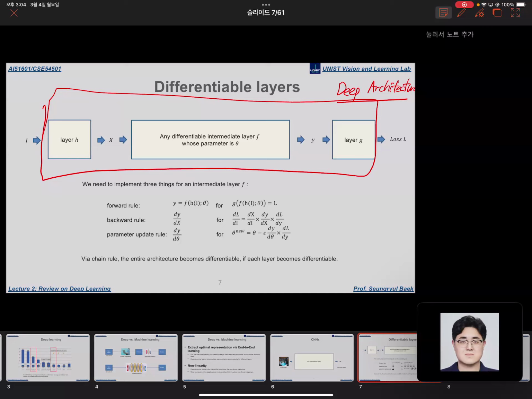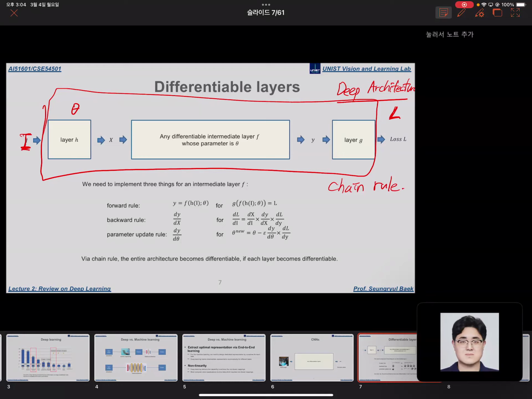And if the whole pipeline is differentiable, then by the chain rule, let's say the final output is L, and the initial input is I, and the intermediate parameters are theta.